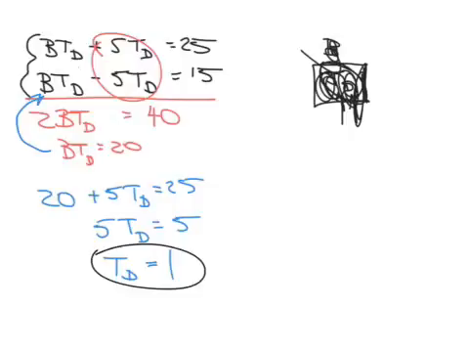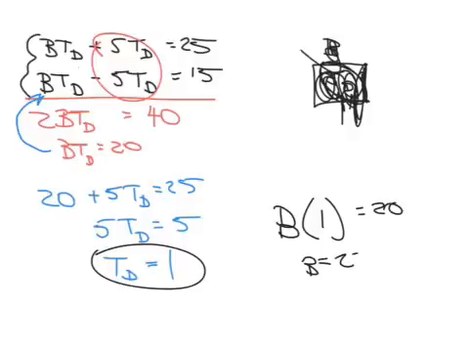We know td is 1, but we don't know what b is. So we can plug that 1 in for this equation, or even this one. Let's use this little one because it's got the least amount of stuff in it. So b times 1 equals 20, therefore b equals 20. So td is 1, b is 20, and that is it for that lesson. Not really a whole ton of stuff there. So that's lesson 85.